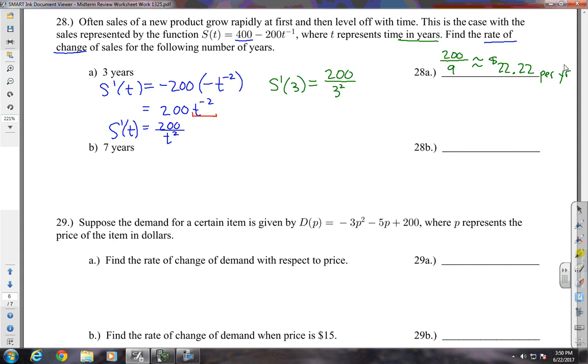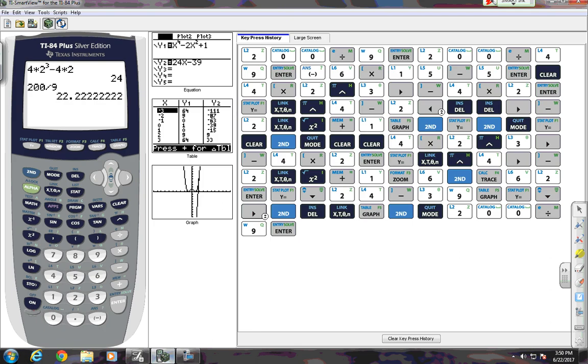On part B, I'm going to be using the same derivative function, but I'm changing the t value. So when we plug in 7 for t, we end up with 200 over 7 squared. Exactly, this is 200 over 49, but again, we can approximate that with our calculator to get the dollar value.